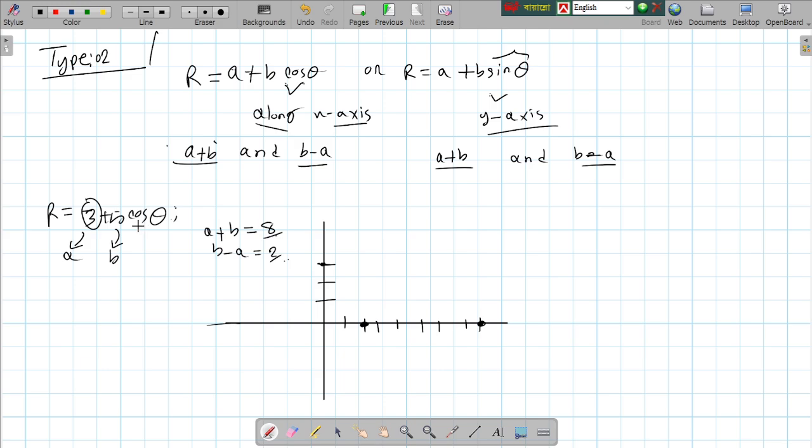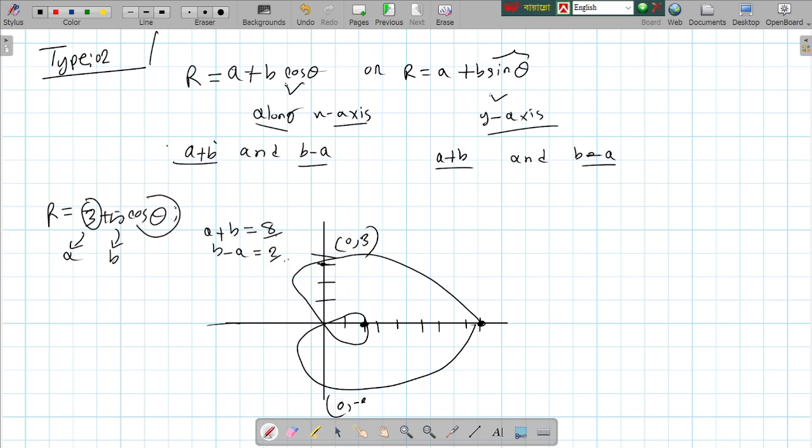And as it's cos, the graph lies on the x-axis. This is the position 0, 3 and this is 0, minus 3, and this is 2, 0 and this is 8, 0.